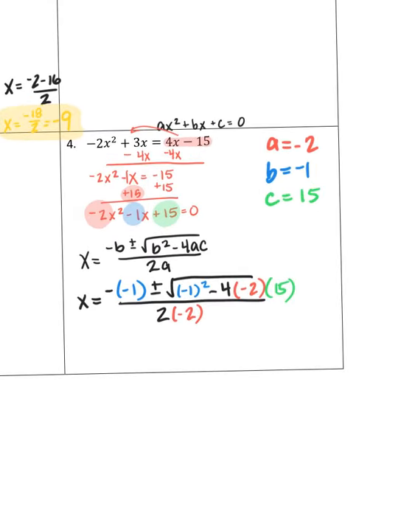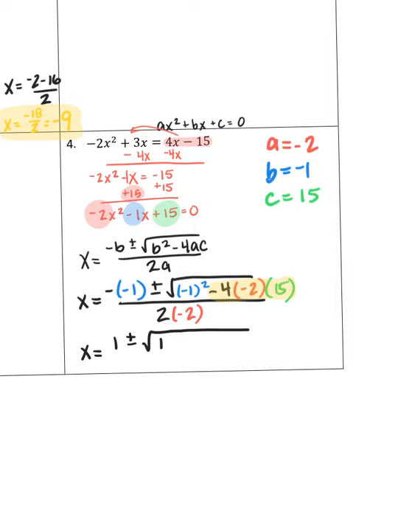And now I have x equals 1 plus or minus the square root of -1 squared is 1. And then I'm just going to multiply all of these together in my calculator.